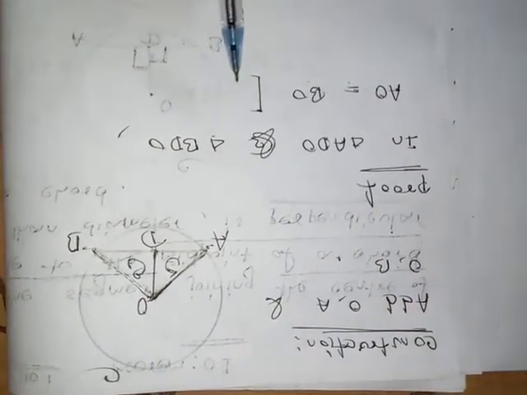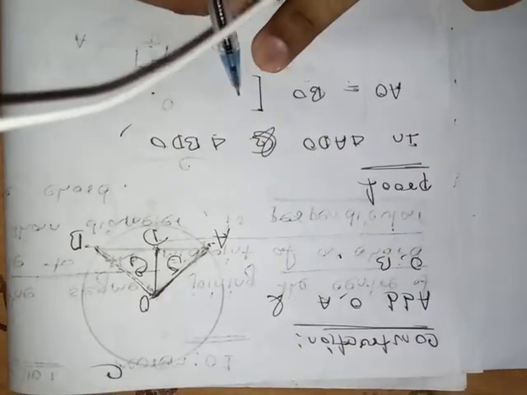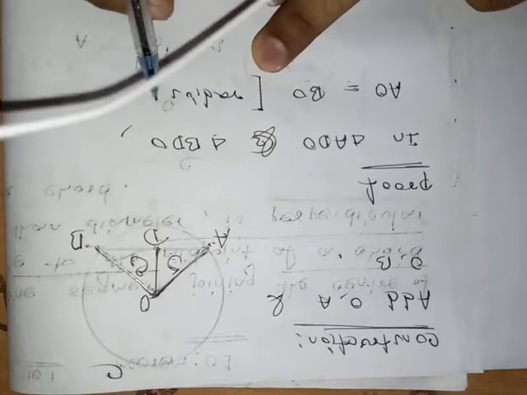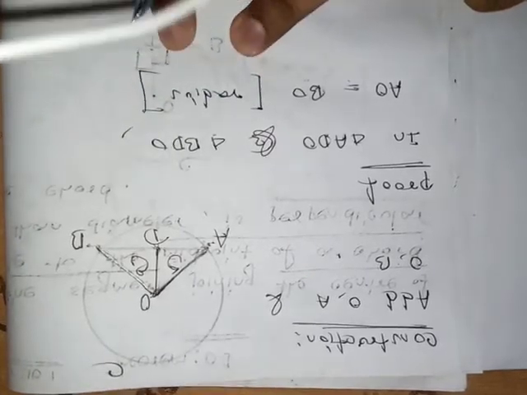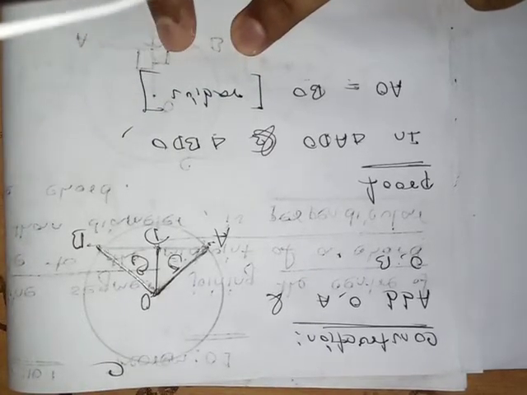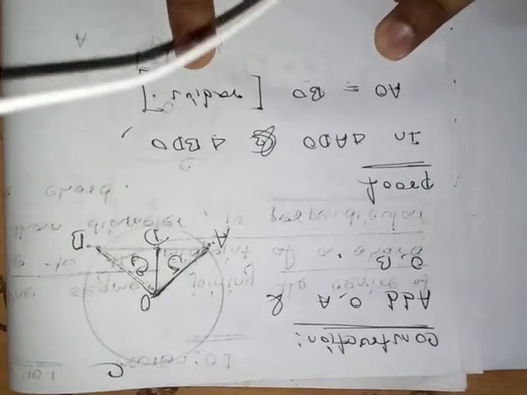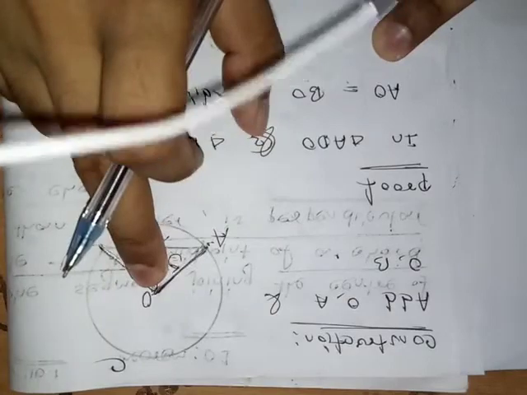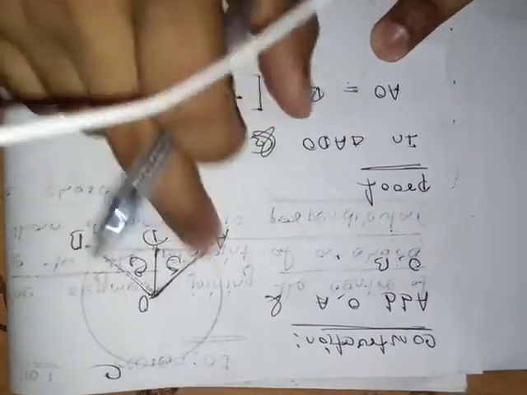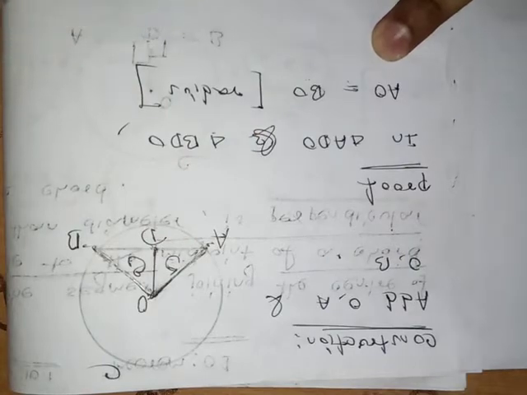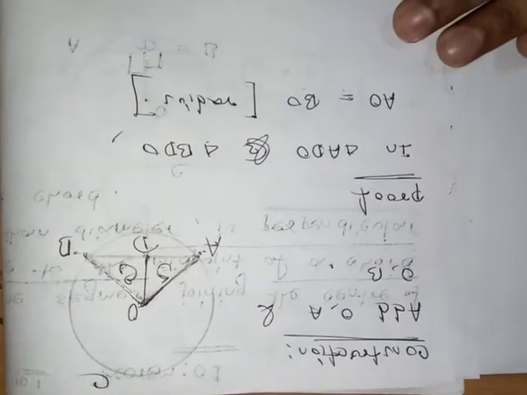In third bracket, we can write radius. In short, we can say radius. Since AO and BO are the radius of the circle, both of them are equal in length.